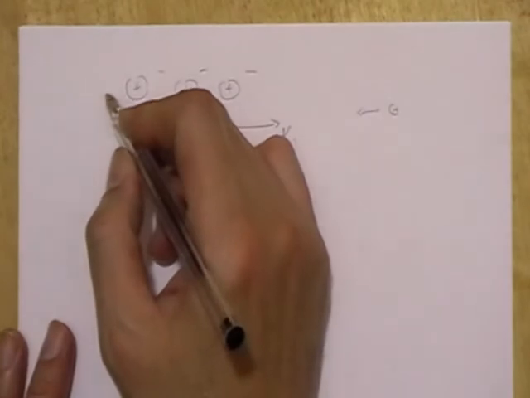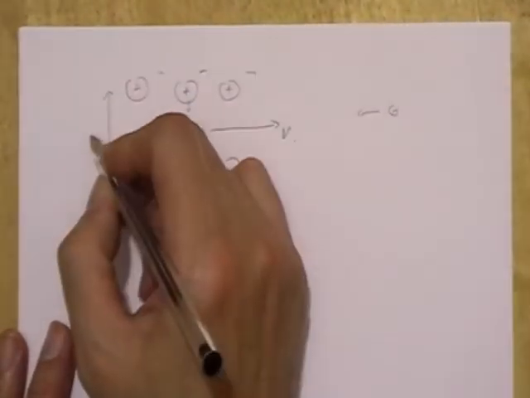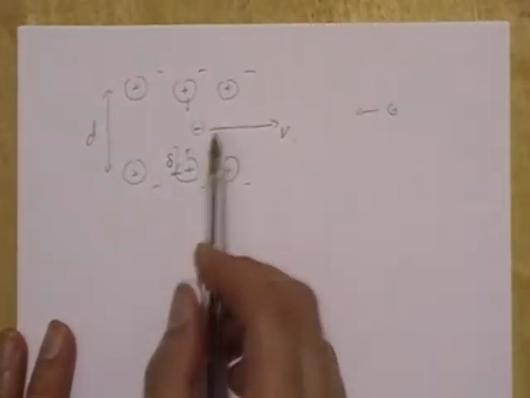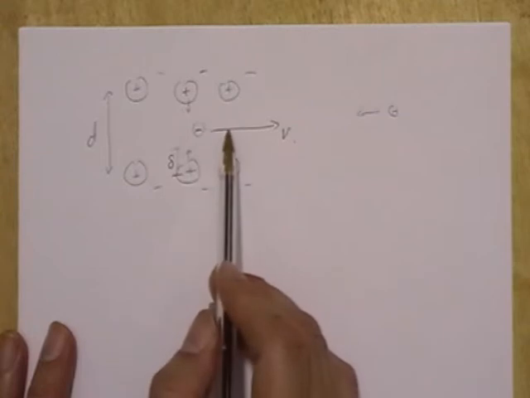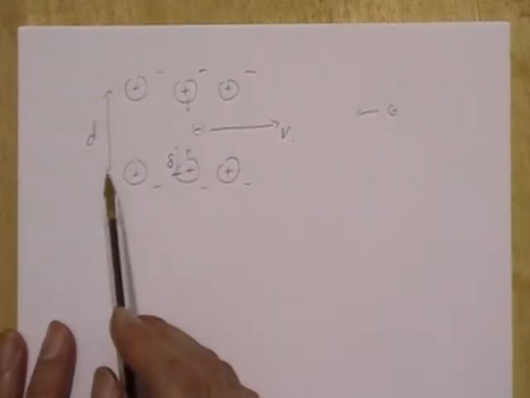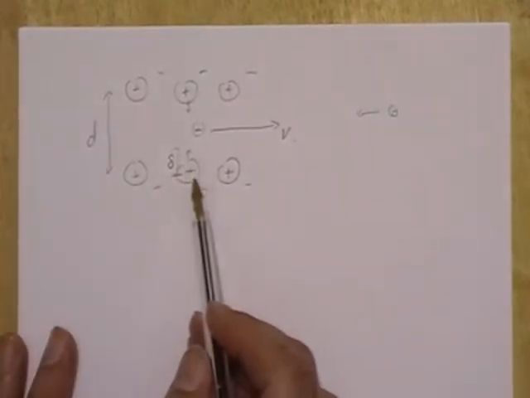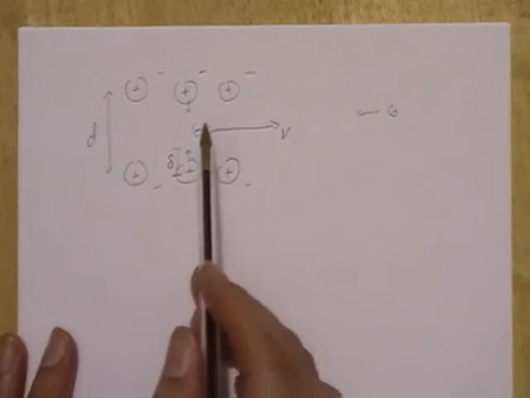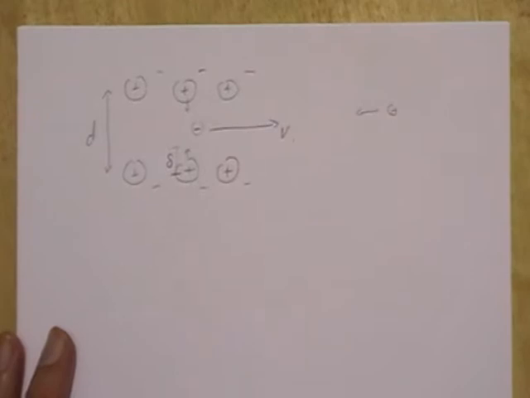So suppose that this interatomic distance is d. We're going to suppose that only when the electrons come within a range of the order of d from a particular positive ion will it experience the attraction from that ion.